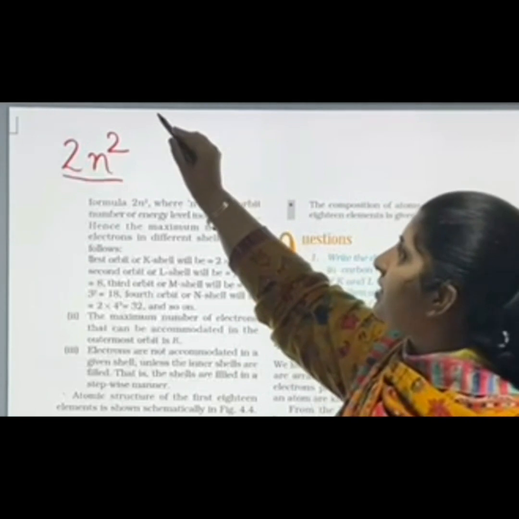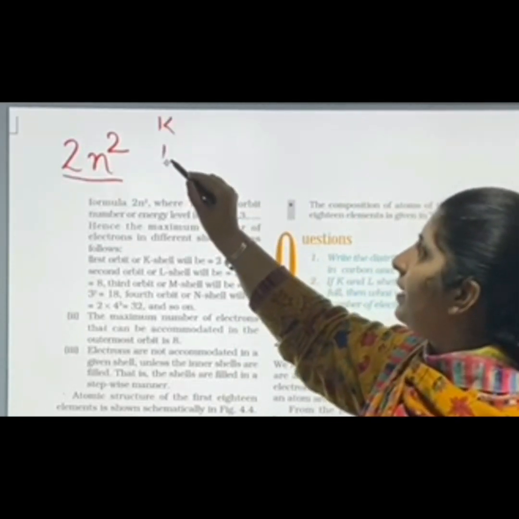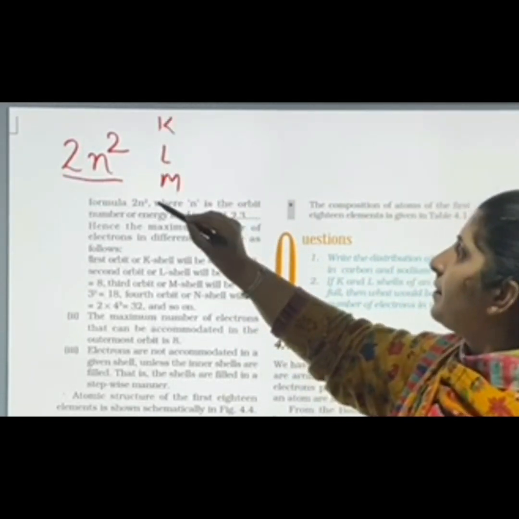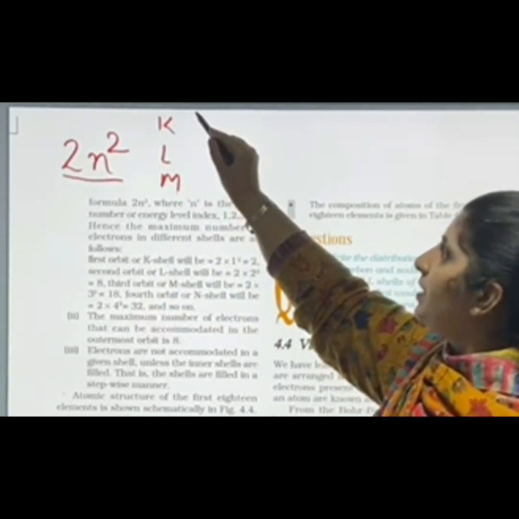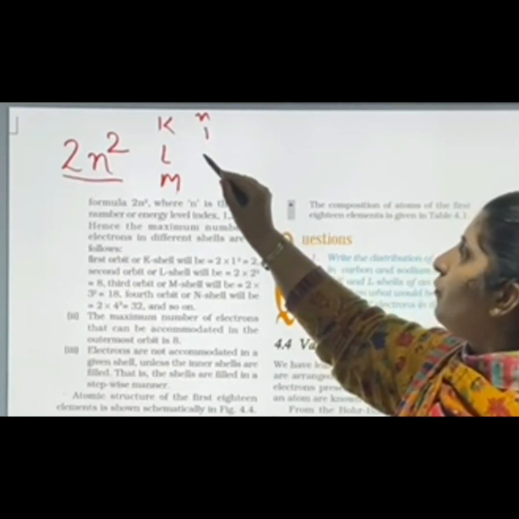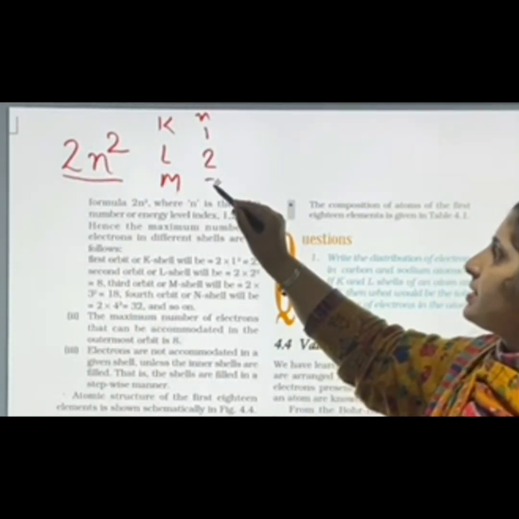So we have shells K, L, M. For the K shell the value of n is 1, for L it is 2, and for M it is 3.